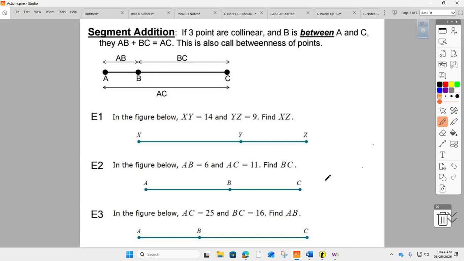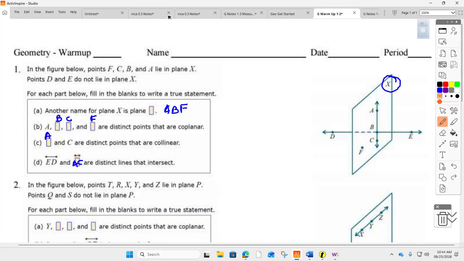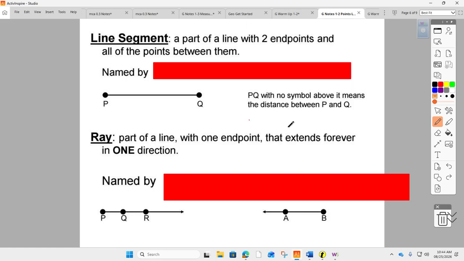All right, so looking at example 1, you're going to label your diagram, label your figure. What does XY equals 14 mean, Sophia? That's so great. So remember on yesterday's notes, we said this is segment PQ.